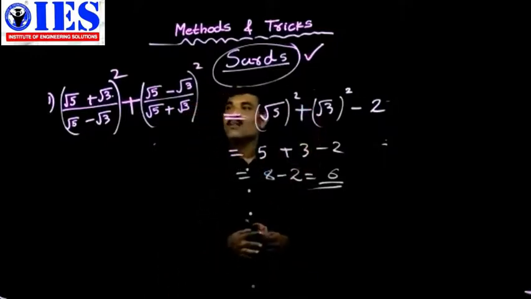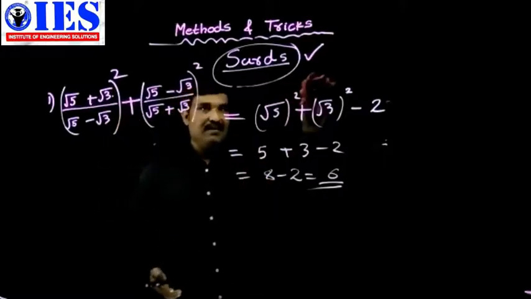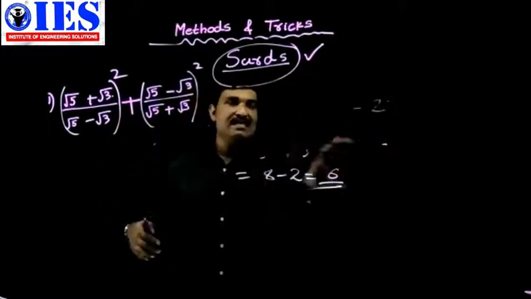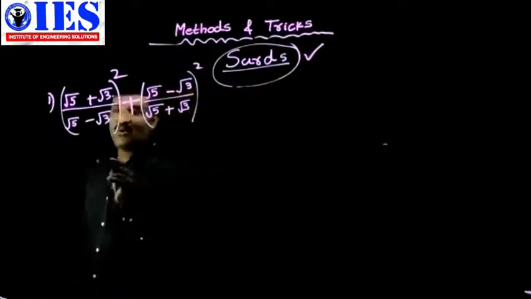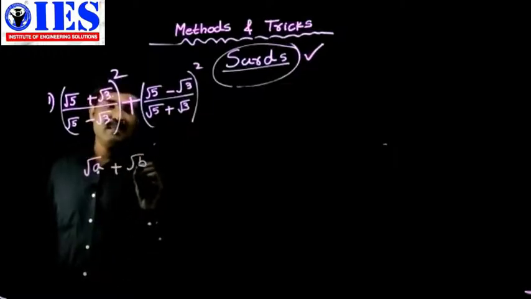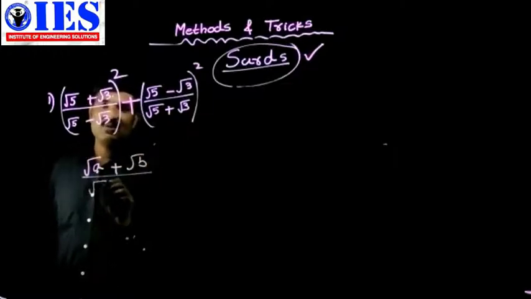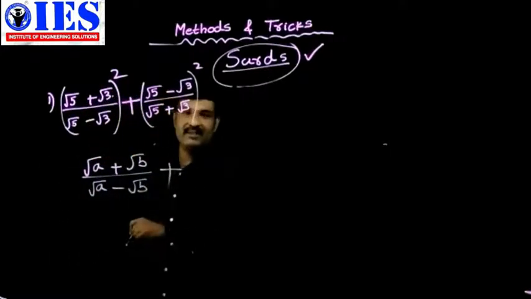In the normal method also we can simplify this, but that may take some time. So in general, we can write square root of a plus square root of b divided by square root of a minus square root of b. I'm writing plus here.